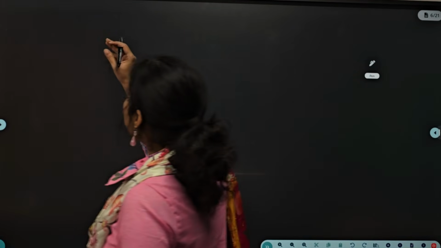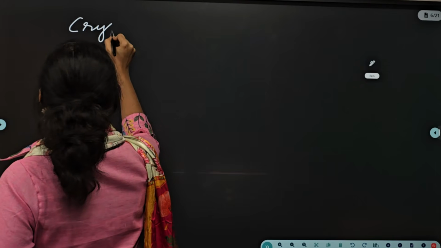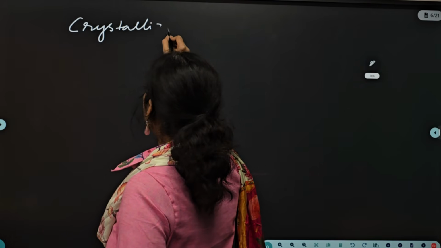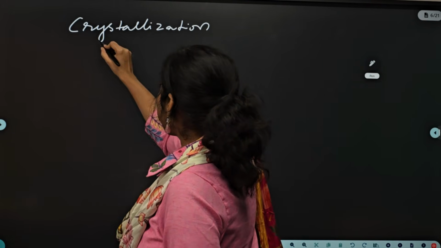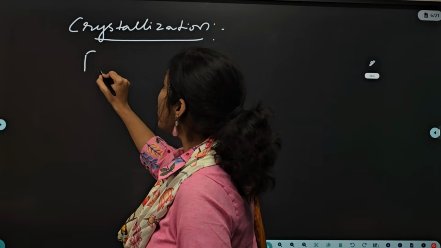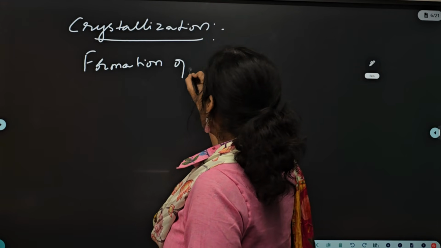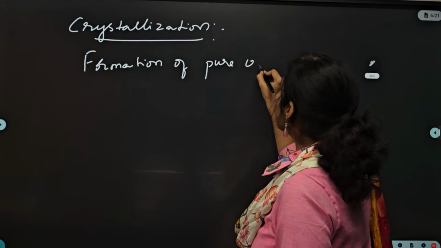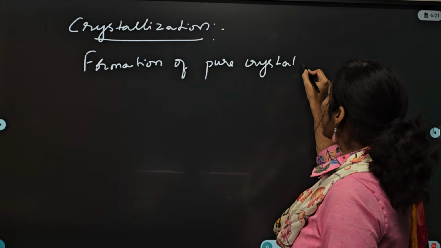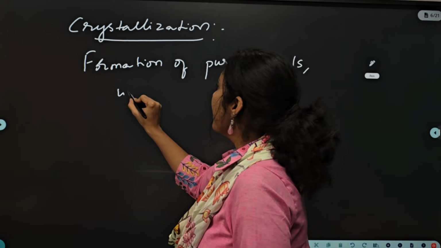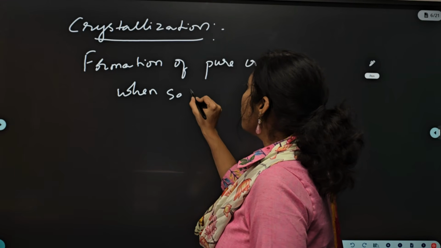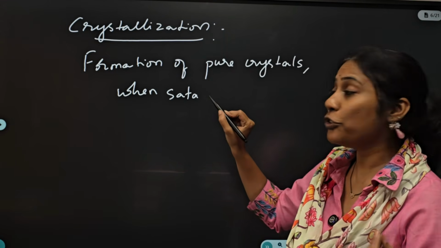Now let us understand the definition of crystallization that you can write in the exam. Very important, guys. What is crystallization? Formation of pure crystals when a saturated solution is allowed to cool.